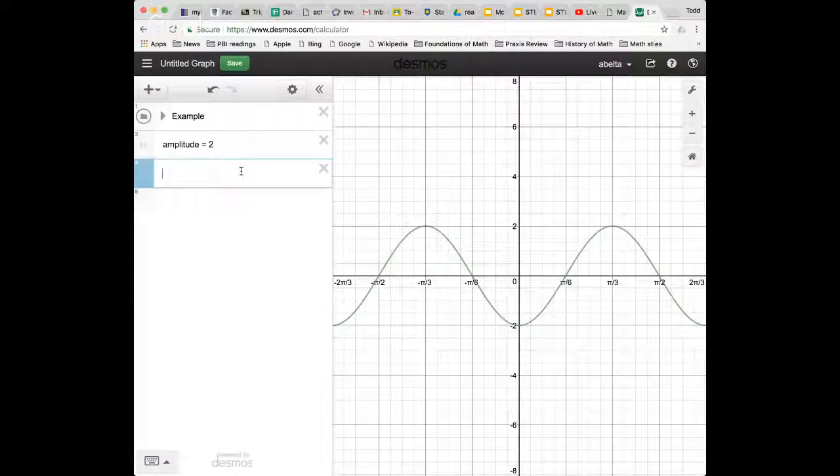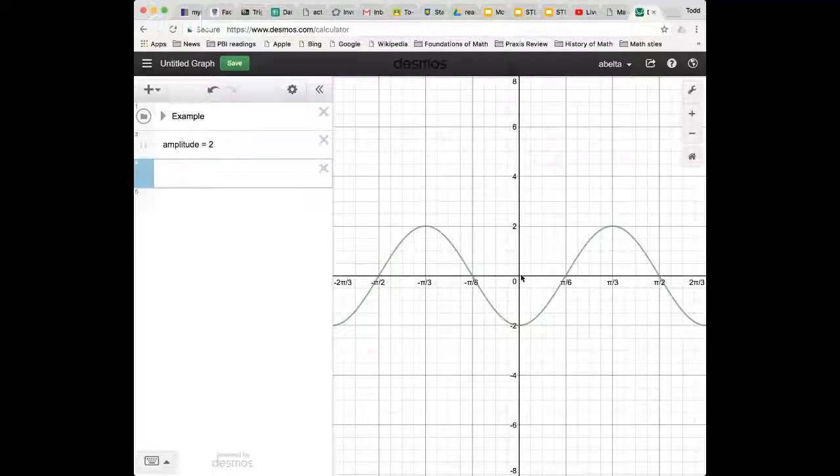It's definitely shifted over to the right pi/6. Why is it shifted over to the right pi/6? Well, because the sine wave starts at 0, and this one is at 0 at pi/6.